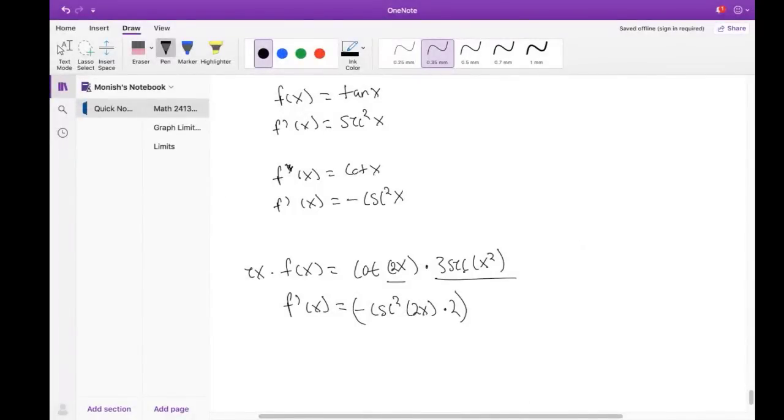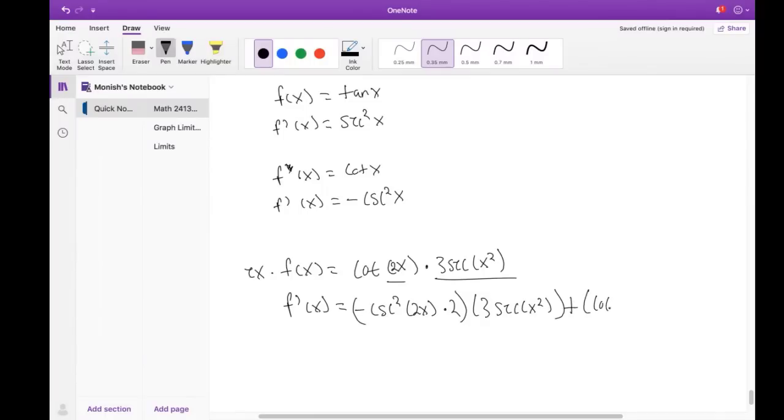Okay, so that's the first part. We just leave the 3 secant x squared as is, and then we go on to the next part.